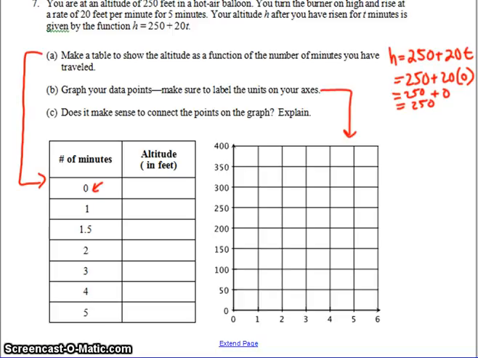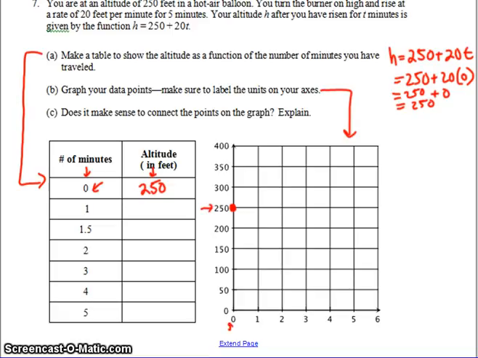So the first one, the altitude is 250. Now I'm going to plot this and do the graph at the same time. My input is 0. My output is 250. So I go to 250, and I plot my first point.